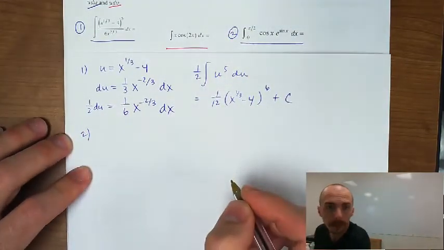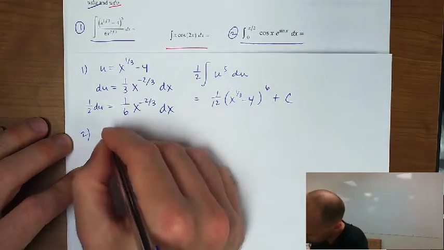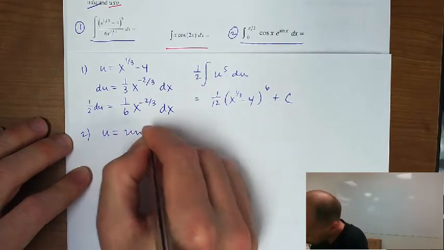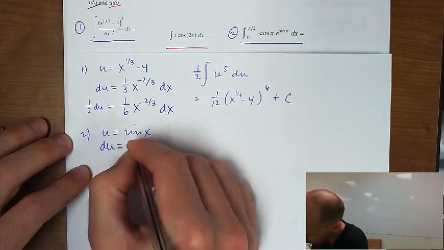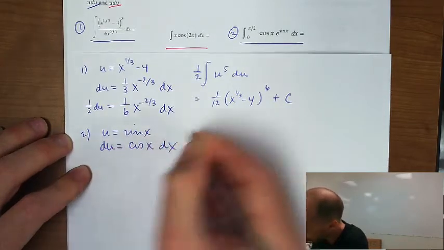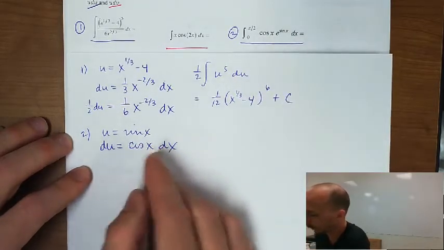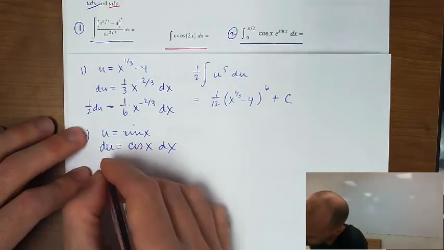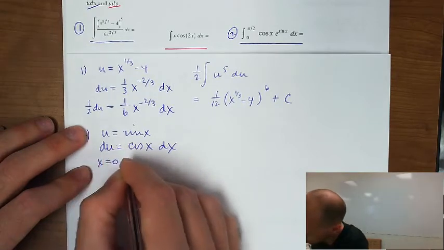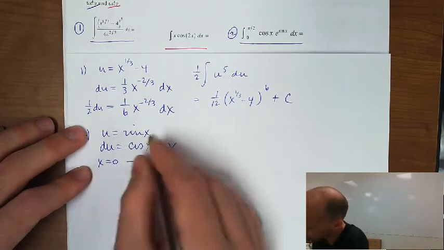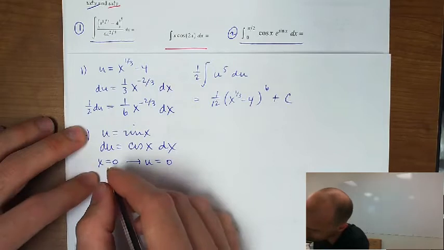The second one. All right, I'm going to let u equal sine x so that du is cosine x dx. That's exactly what I have, so I don't need to do any more fiddling here. Well, when x equals 0, that means u is equal to the sine of 0, which is 0.